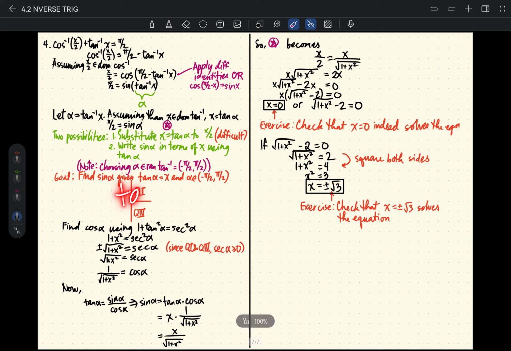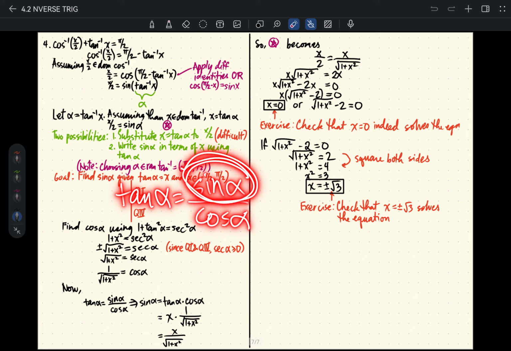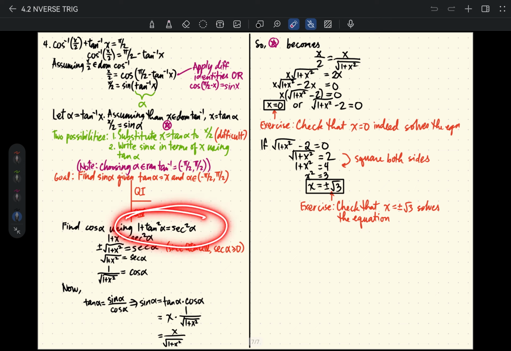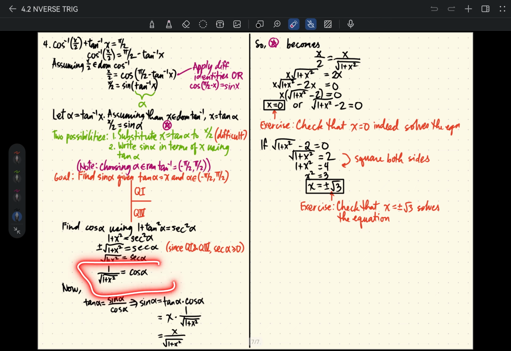That's because we know that tangent alpha equals sine alpha over cosine alpha, but you don't have information for both of these. So what we did is find cosine alpha first using the Pythagorean identity 1 plus tangent squared alpha equals secant squared alpha, and eventually we obtained this cosine value. And so we were already able to find sine alpha to be equal to this one.